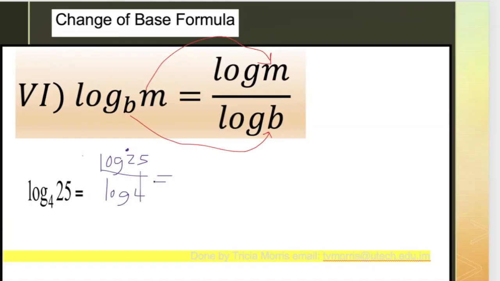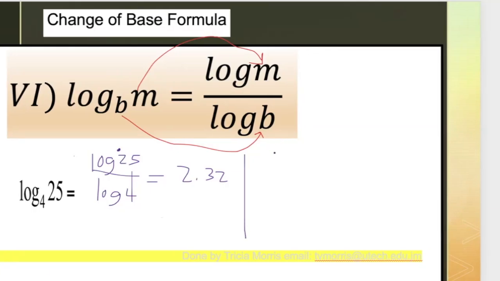And then calculating this, you need your calculator for this. So you put log 25 divided by log 4 in your calculator. And I'm going to round it up to 2 decimal places. So I'm going to have 2.32. But if we had said 3 decimal places, then it would be 2.322.